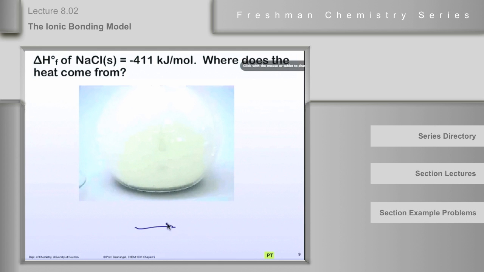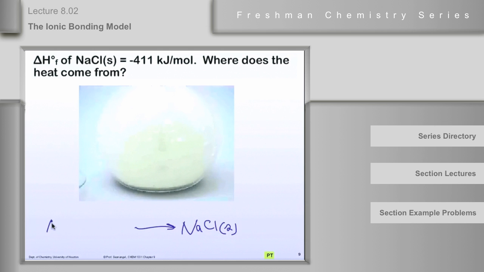The formation equation forms 1 mole of the compound in question, and in this case, sodium chloride comes as a solid, so it's 1 mole of sodium chloride solid. The formation equation then involves sodium in its elemental form and chlorine in its elemental form. That's what formation means here.